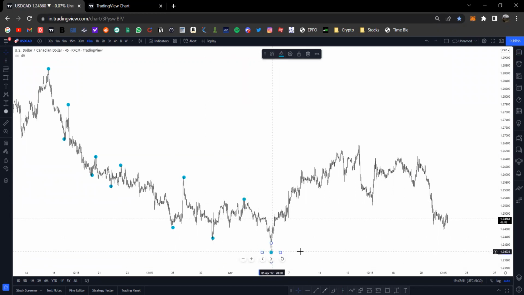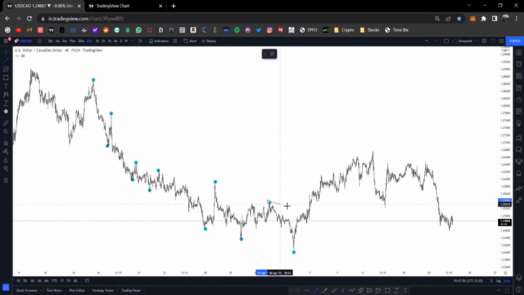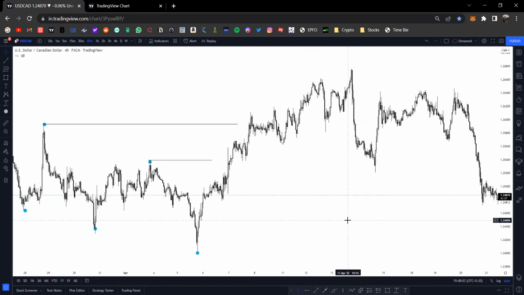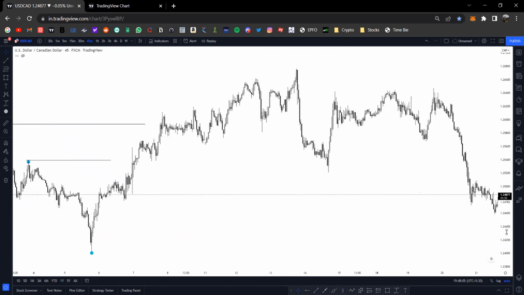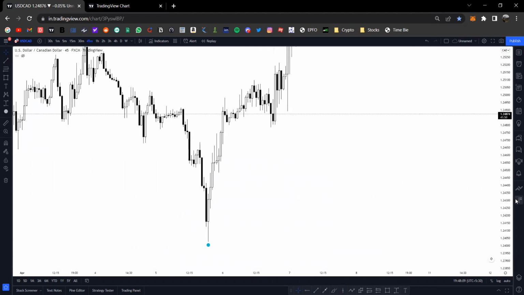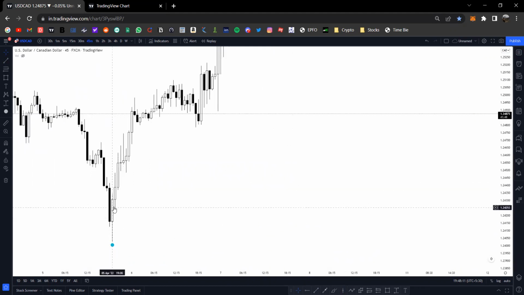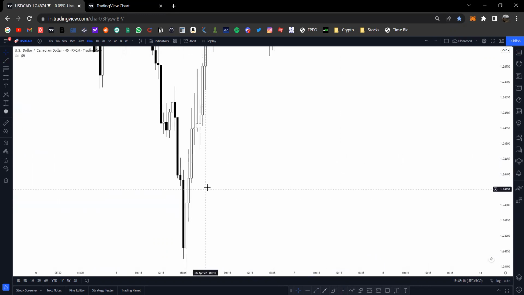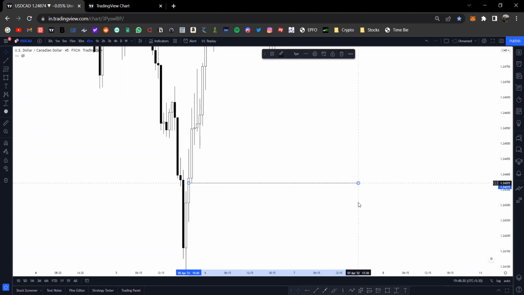And you see this lower low has taken out this high and this high as well. If you go on lower time frame, you see this last bullish candle has some sort of imbalance just above this. See this imbalance I'm talking about.